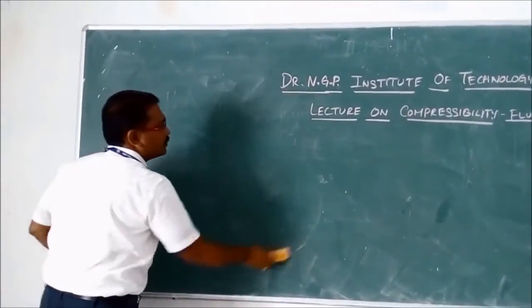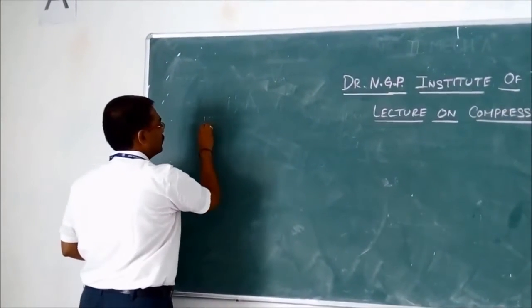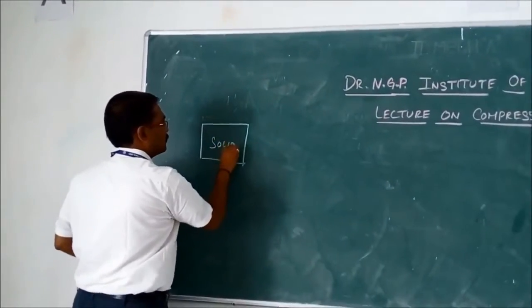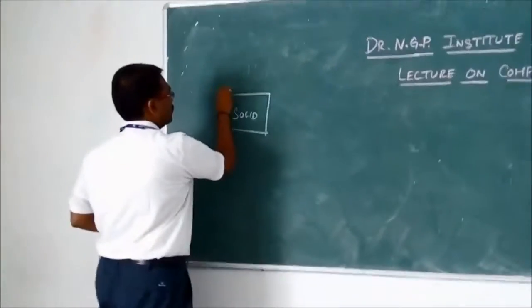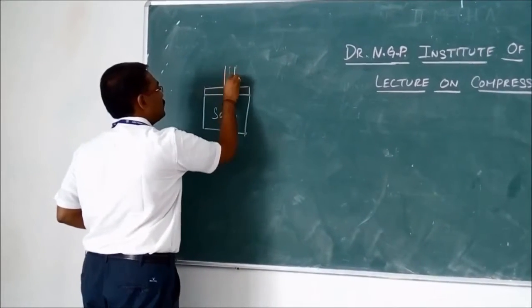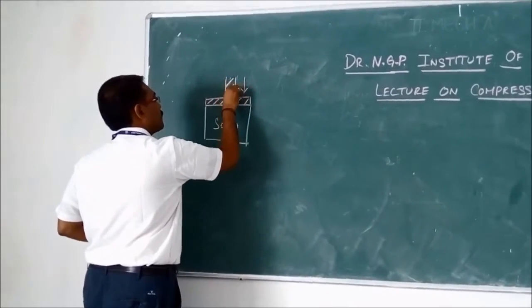For demonstrating compressibility, I am going to show a simple example. Say I am taking a solid object and I am applying a normal force, that is, in the perpendicular direction of the object.